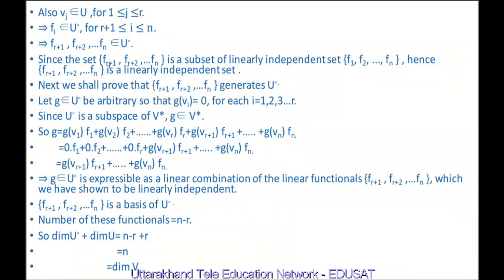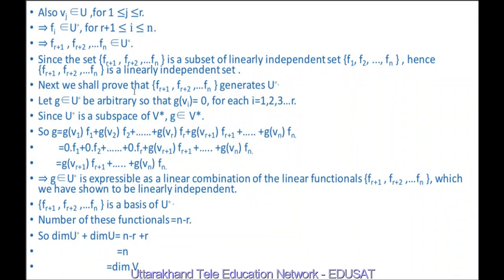Since the set f(r plus 1), ..., fn is a subset of the linearly independent set f1, f2, ..., fn, because f1, ..., fn is a basis set, it is linearly independent. Hence, f(r plus 1), ..., fn is linearly independent, because a subset of a linearly independent set is linearly independent.